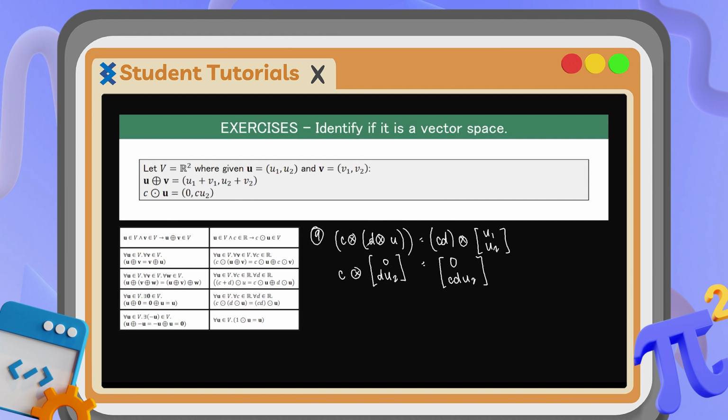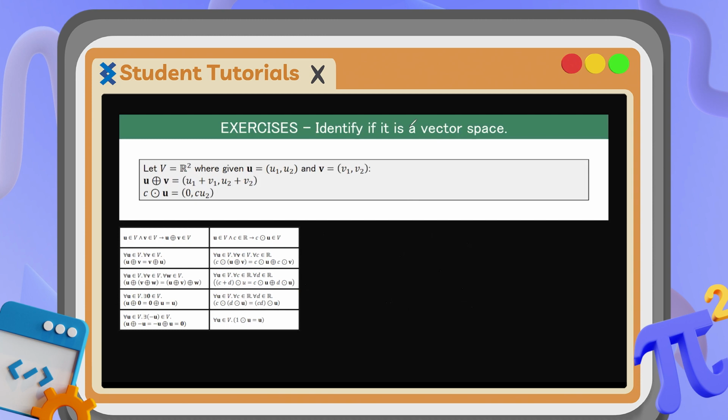And then we again apply scalar multiplication to the left-hand side, giving us again 0, followed by cd u sub 2, which, as you can notice, is actually equal to the right-hand side. And because it's equal, that gives us the satisfiability of property number 9, the associative property of scalar multiplication.